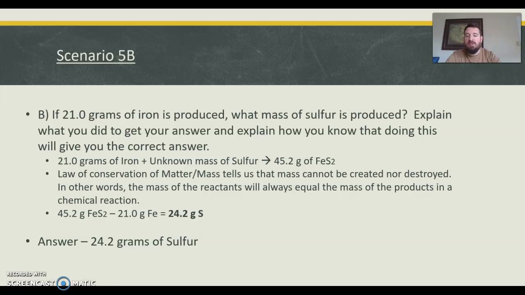So if on one side I have 45.2 grams of iron sulfide or fool's gold, I will have to subtract my other product, my 21.0 grams of iron. So just like a simple formula, I can do 45.2 grams of my reactant minus 21.0 grams of my product to see how much mass I would have of my other product.